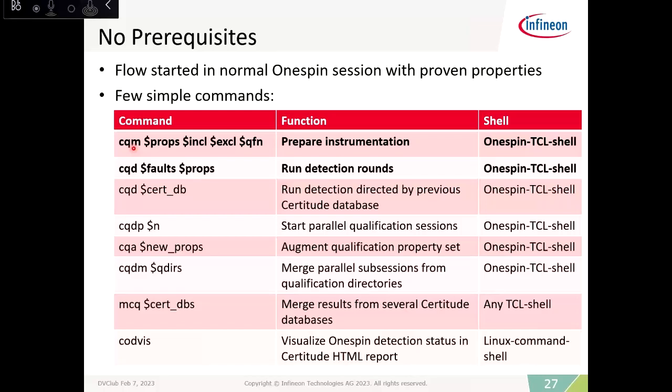So you don't need any Certitude knowledge, and you can start this right away whenever you have reached some status if you run your normal formal regression, and then you save the result to the database, and then you can start these commands. So there's nothing else needed on the side of the user.